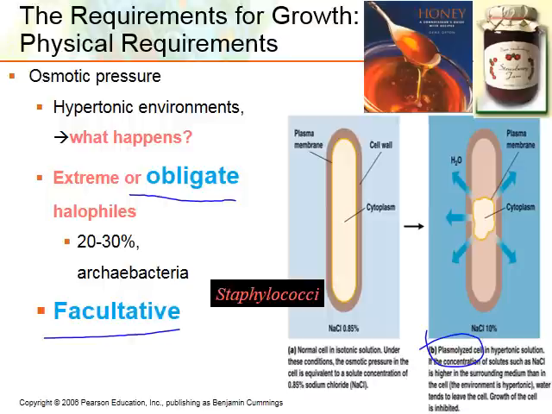It can grow inside of salt water. It can be on the beach where all the sand is, and that's all that's in the sand. But it's also in the water, so you have to be very careful when you get in that water if you have any cuts and stuff, because you can contract a staph infection when in the water, and hopefully it's not MRSA. But there are also other bugs out there that are facultative halophiles.